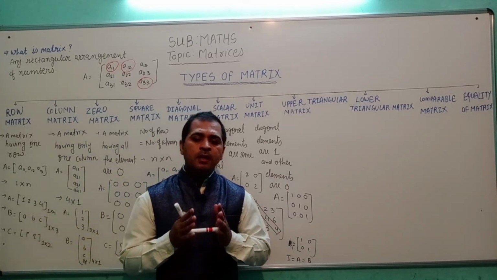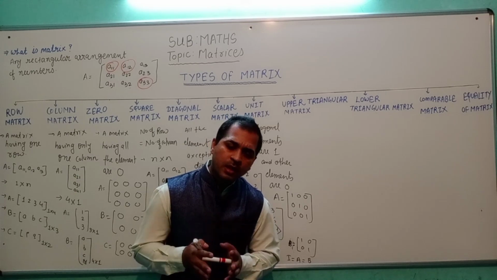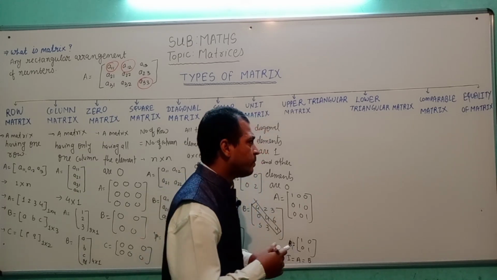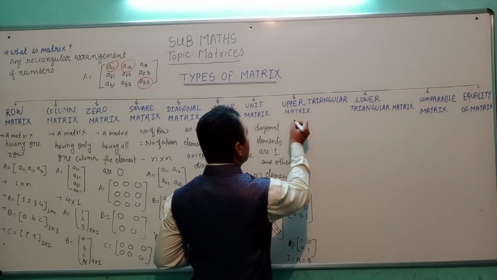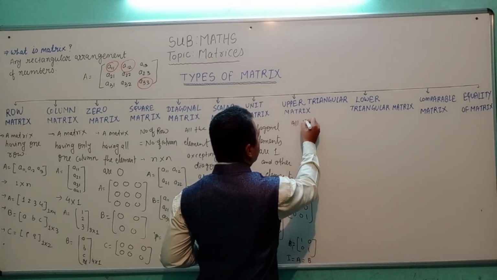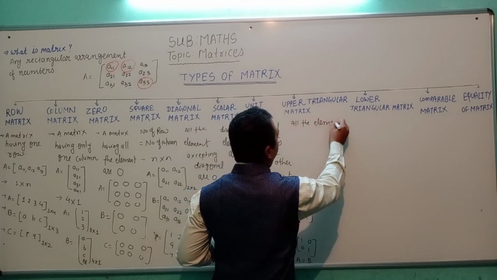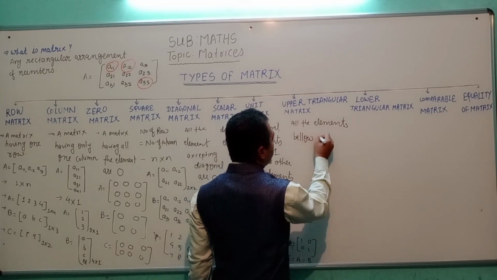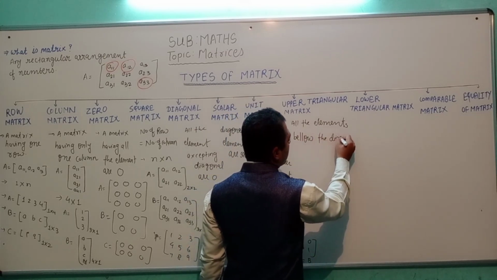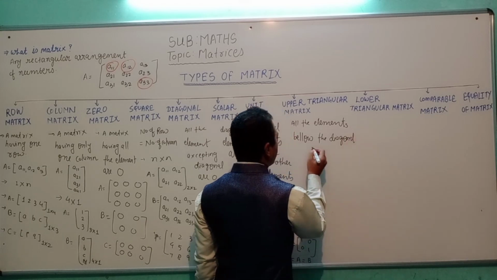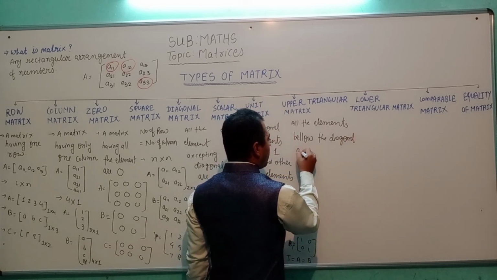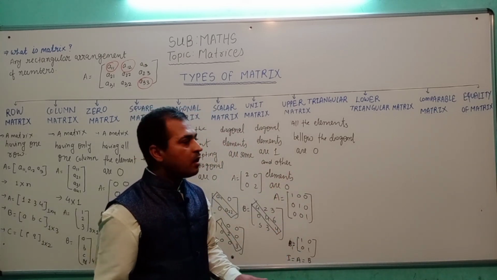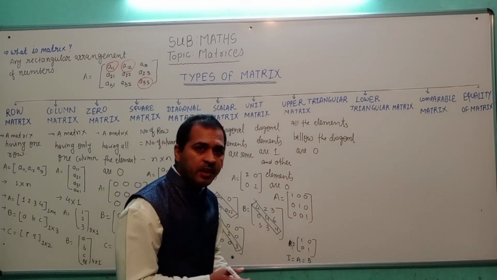Once again, in an upper triangular matrix, all the elements below the diagonal are 0.